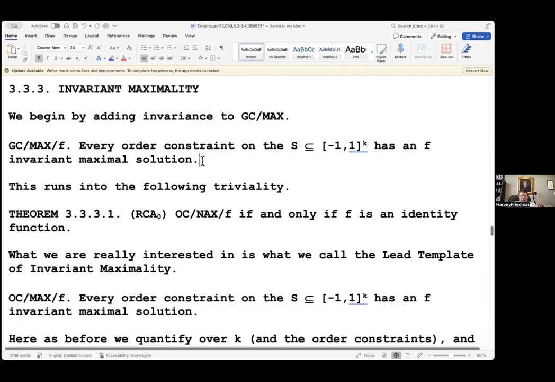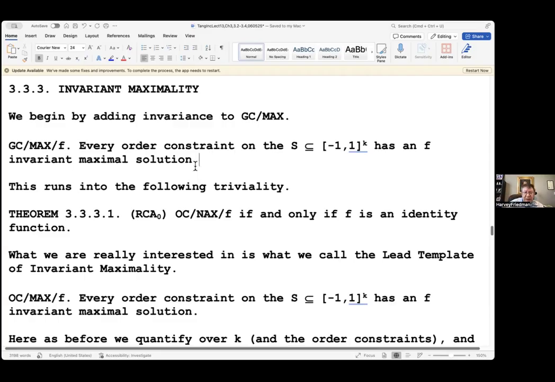Maybe I should have restated that. F invariance was all through chapter 2 and all through our discussion of chapter 4 with the reversal.